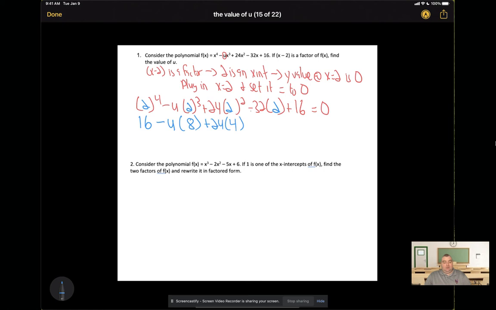Negative 32 times 2 is a negative 64 plus 16 equals 0. I'm going to keep simplifying.